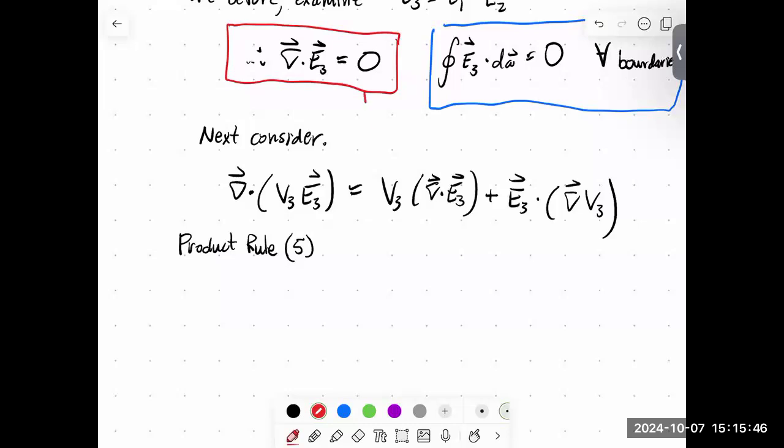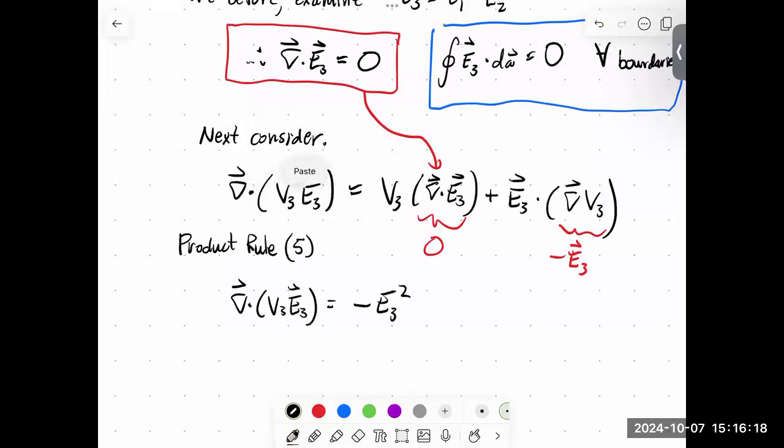The divergence of E3, we already said has to be 0. What's the gradient of V3? What's the gradient of a potential? The gradient of a potential is minus the electric field. That's right. So what we end up with is the divergence of V3 times E3 is equal to minus E3 squared.